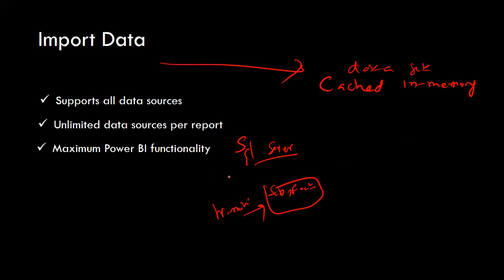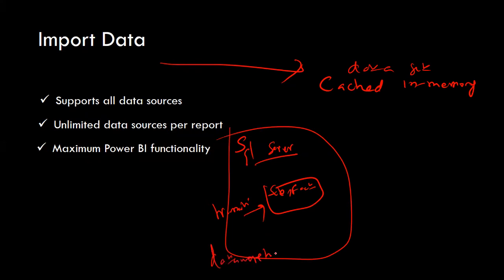This SQL Server database, in this case, is your data warehouse. We discussed data warehouse. Data warehouse is historical in nature. We store the historical data, 5 years or 8 years, depending on the type of the business. In the case of a bank, they store a huge volume of data and also many years of data.